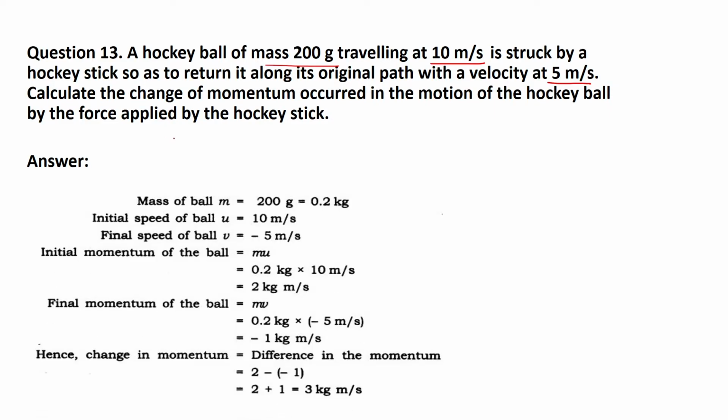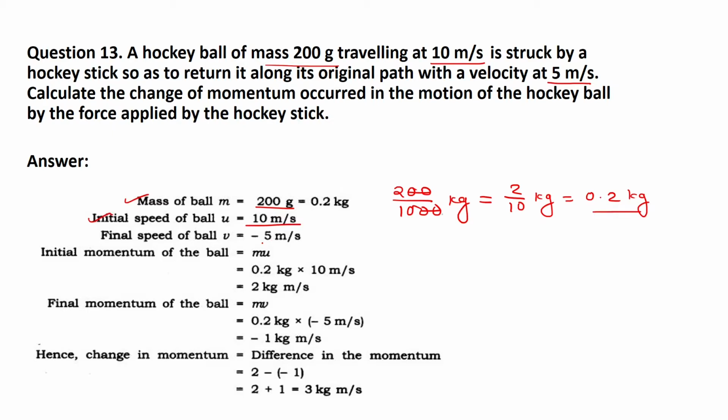So let's assume that the mass of the ball, M, is equal to 200 gram and we will convert it to kg by dividing by 1000. The zeros get cancelled, 2 divided by 10 kg, and 2 divided by 10 is equal to 0.2 kg. Initial speed of the ball is given as 10 meter per second.